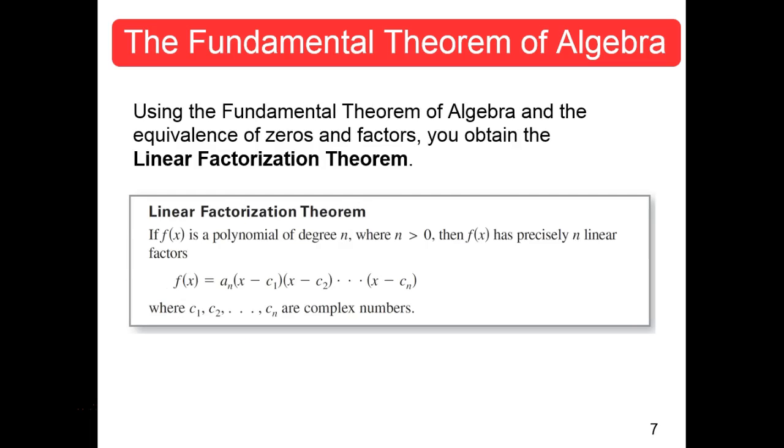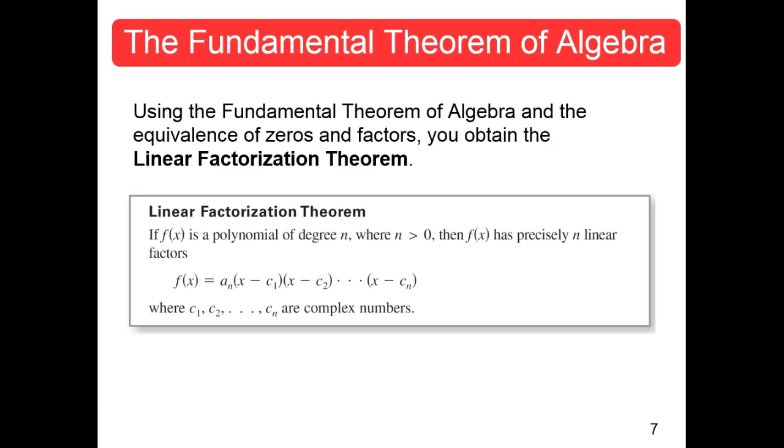So, using the fundamental theorem of algebra and the equivalence of zeros and factors, remember we said that before too, you obtain the linear factorization theorem. If f of x is a polynomial of degree n greater than 0, then f of x has precisely n linear factors.